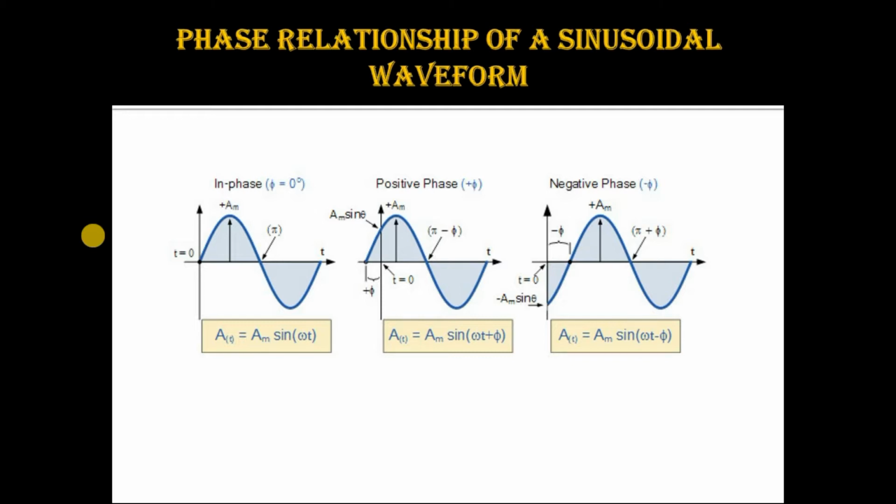It is a normal sine wave which starts at 0 degree, reaches its maximum value AM at 90 degree, again reaching 0 at 180 degree, negative maximum at 270 degree, and again 0 at 360 degree. So this is a normal sine wave which starts at 0 degree.